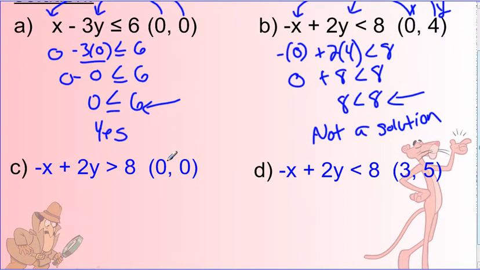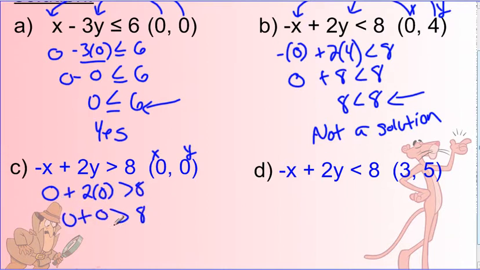So let's see. We plug in 0 for x and 0 for y. So that becomes 0 plus 2 times 0 is greater than 8. 0 plus 0 is greater than 8. Is 0 greater than 8? No. So this is not a solution.